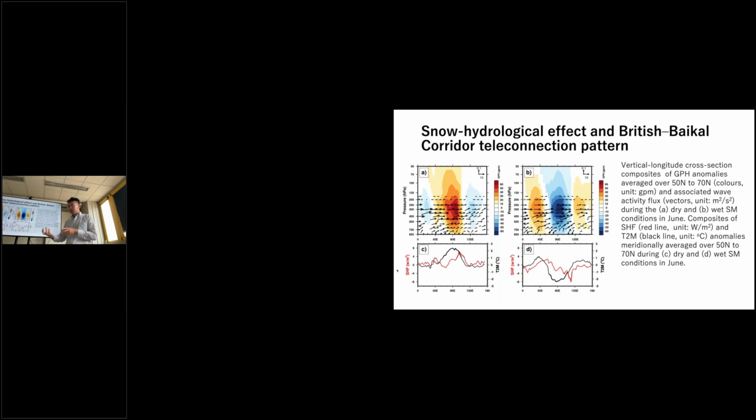So the soil moisture conditions actually change the partitioning of the energy at the surface, and that can change the sensible heat flux or latent heat flux, and so depending on the soil moisture conditions, we could have some impact on the surface flux, and that could also impact the atmospheric flow. This is what these results imply.